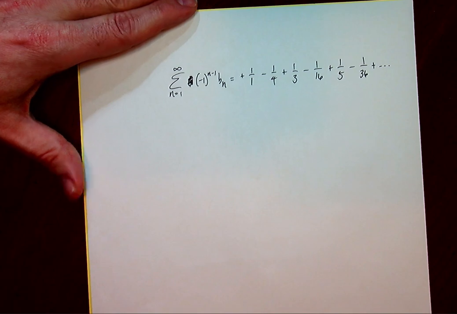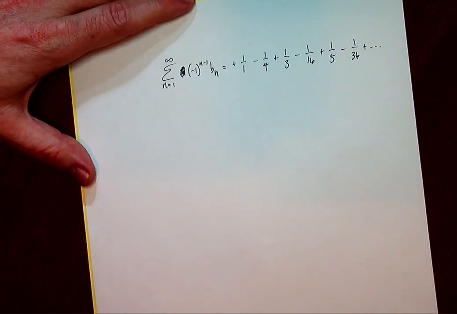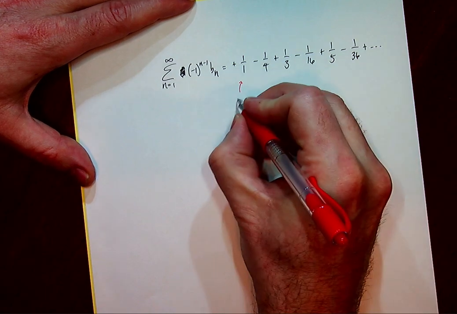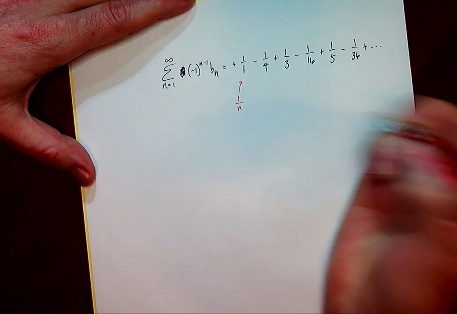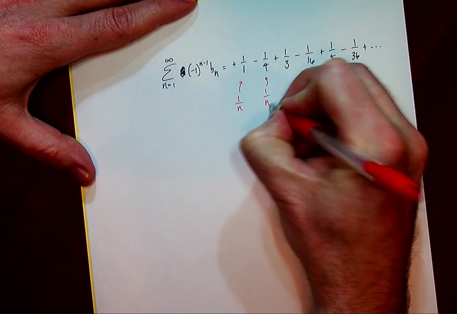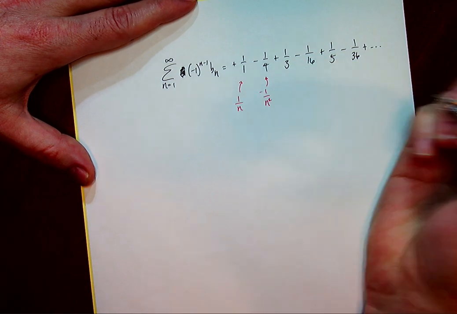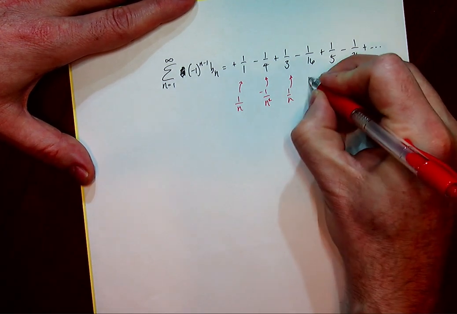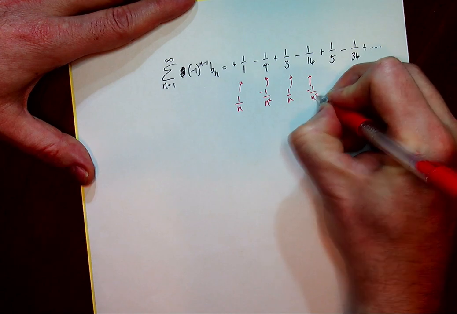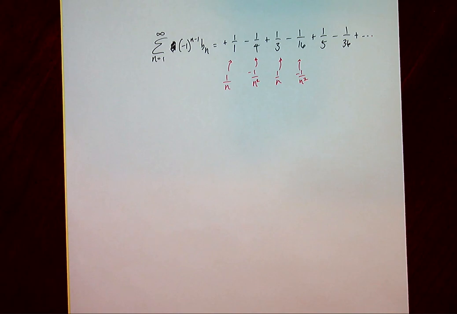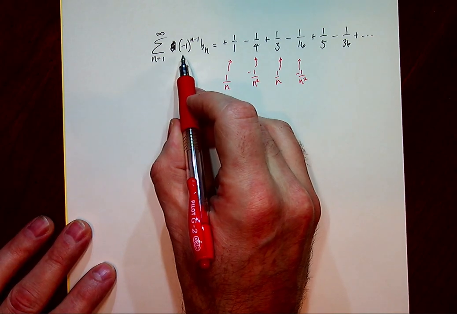So here's the thing. This first term is 1 over n for that particular n, and this winds up being 1 over n squared. Negative, right? And then again, 1 over n, and then negative 1 over n squared. So you know how to make it go back and forth between 1 and negative 1, and in fact that's even taken care of for you.